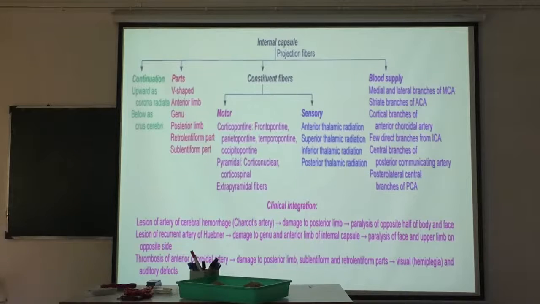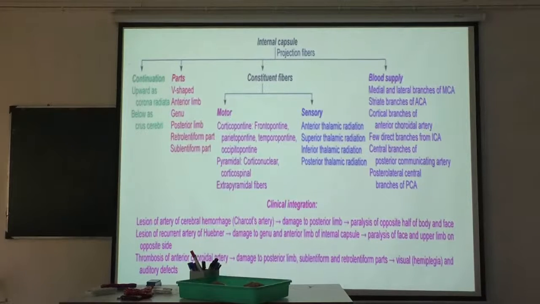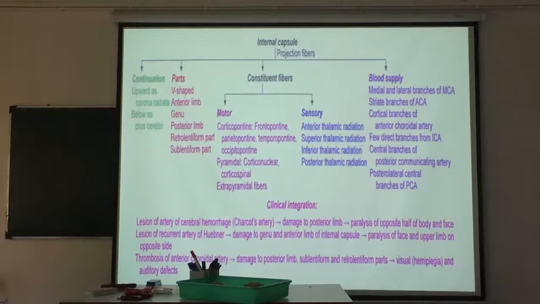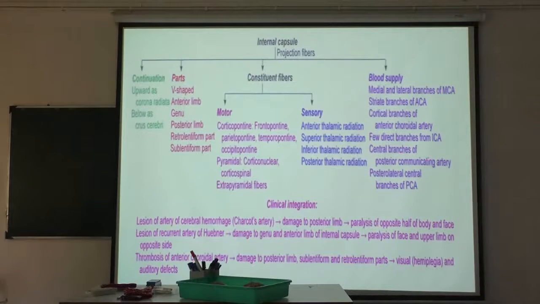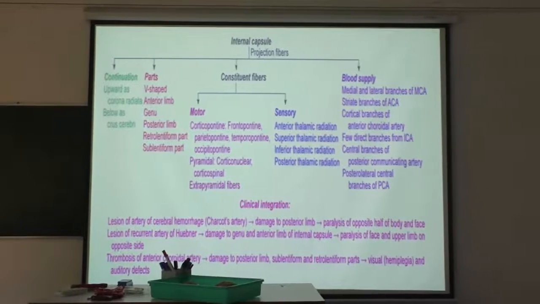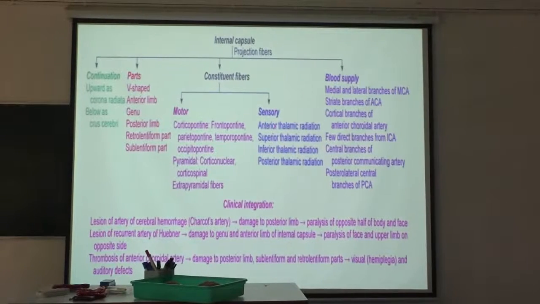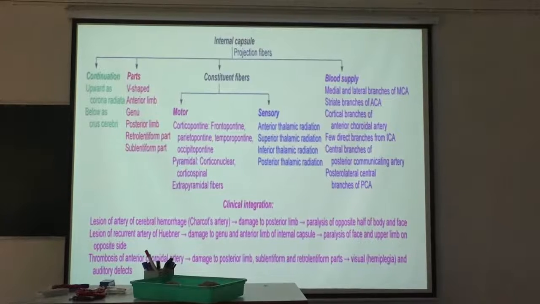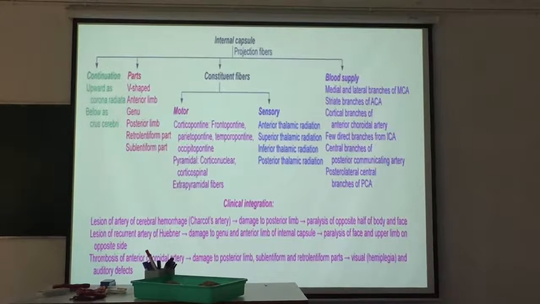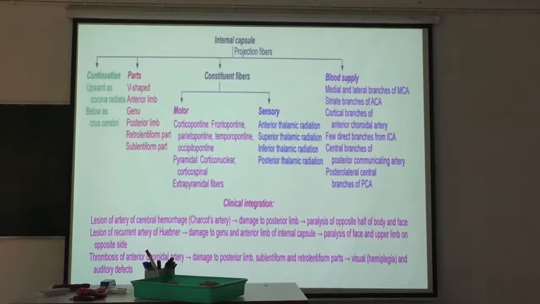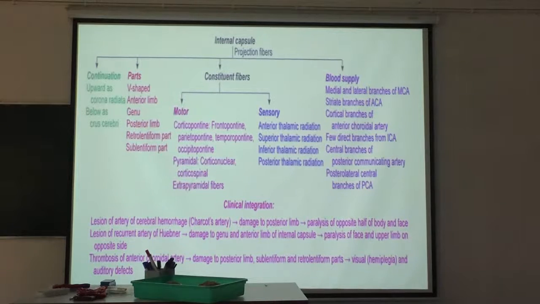Motor fibers are corticopontine fibers, which come from all the lobes of the cerebral cortex: frontopontine, parietopontine, temporopontine, occipitopontine fibers. Pyramidal fibers are corticonuclear and corticospinal fibers. Another is extrapyramidal fibers. Next, sensory fibers are anterior thalamic radiation, superior thalamic radiation, inferior thalamic radiation, and posterior thalamic radiation.